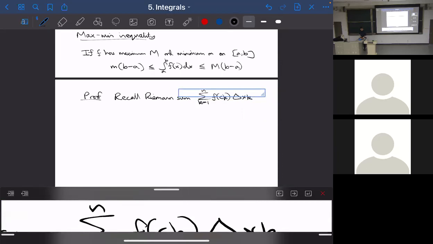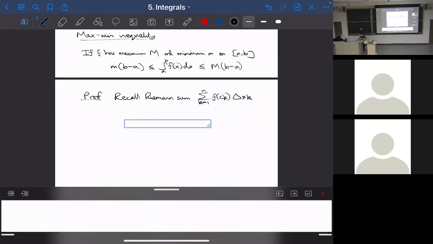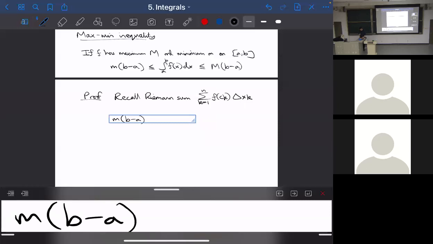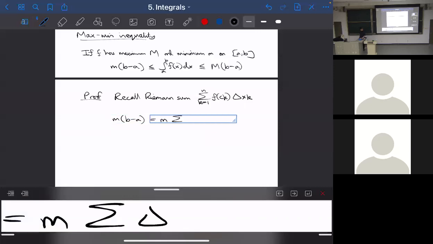I'm summing over n intervals. So this was just calculating the areas of some boxes that approximated the area under the graph. And now I can compare this with m times b minus a. So b minus a is the length of the whole interval.